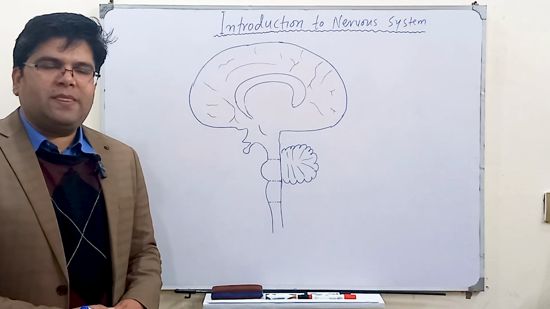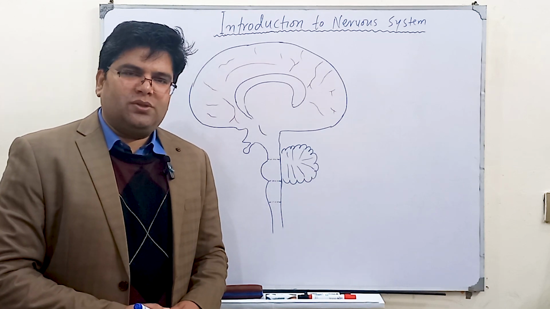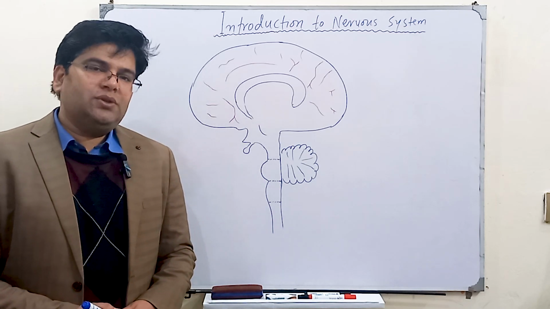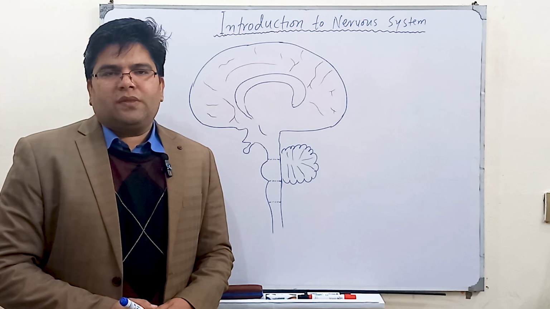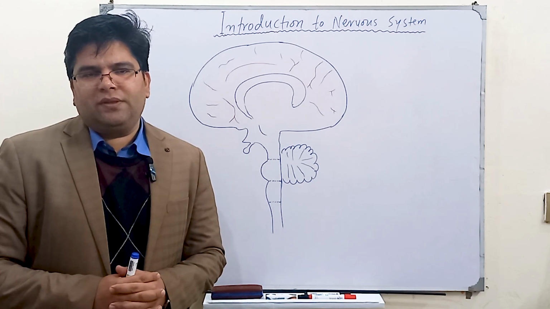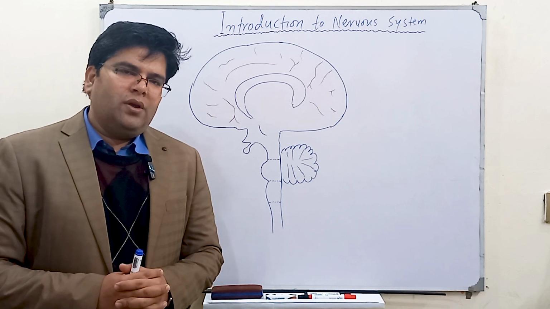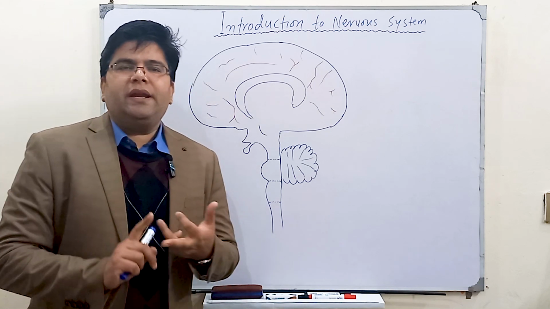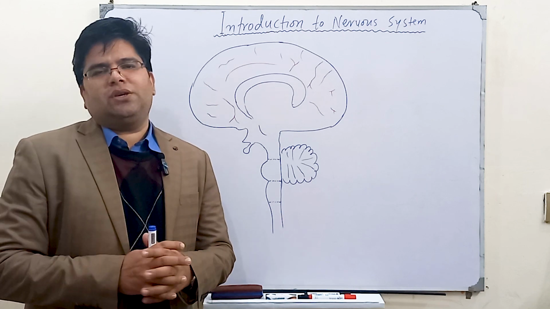We are studying the nervous system physiology, and in our very first lecture on introduction to nervous system physiology, we have studied how nervous system is compared to endocrine system and what are the various types of neuronal cells, the afferent neurons, interneurons, and efferent neurons, their structure, their function, and their location.